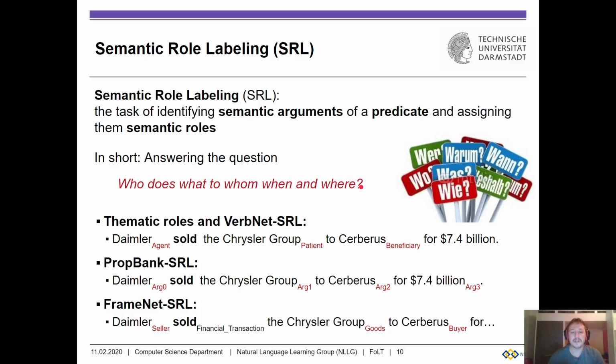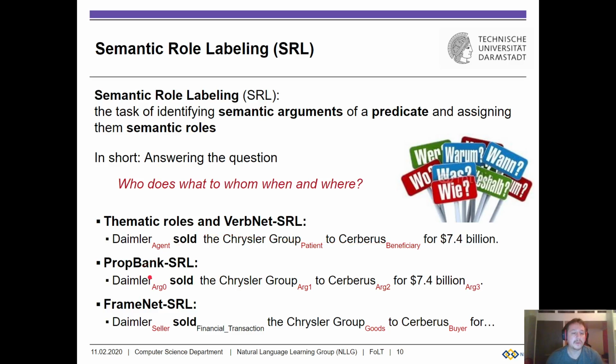And there are different formalisms for semantic role labeling. Whenever we have a linguistic theory, there are multiple different variations and interpretations and realizations of that theory, and the same goes with semantic role labeling. So in one theory, for example, WordNet semantic role labeling, we have those agent, patient, beneficiary roles, as we've seen before.